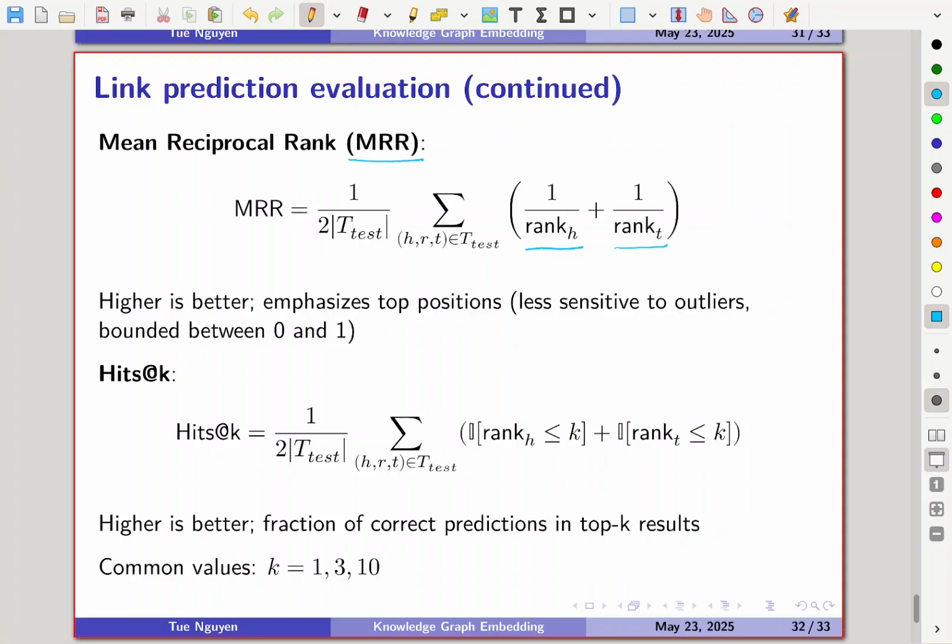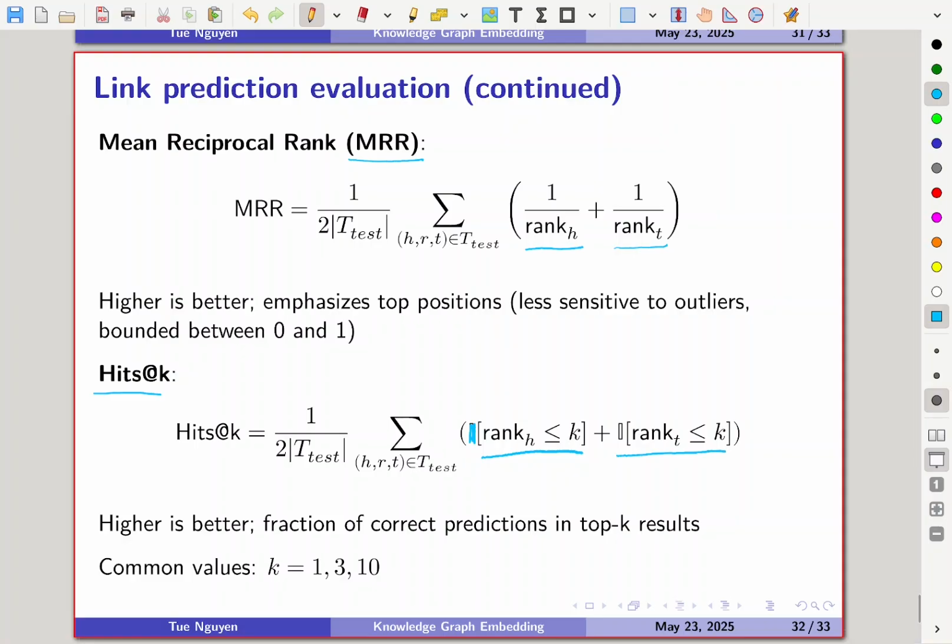The third measure is Hits@K. It measures the fraction of correct predictions in the top K results. Here you see if the rank of the head is less than or equal to K, meaning that the score for the head is within the top K, then I count 1. I here means the indicator function.